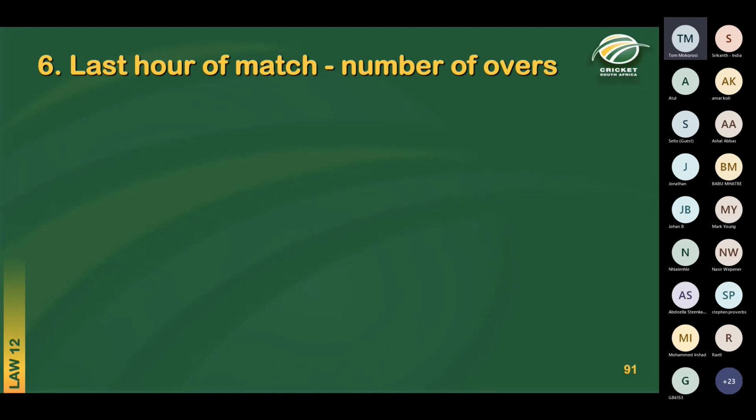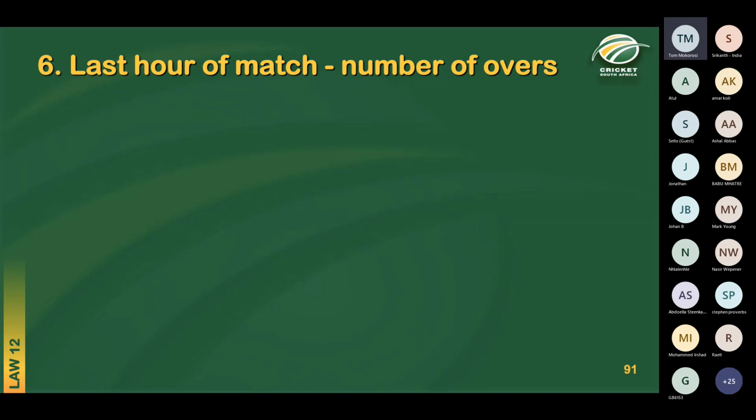So in Test match cricket, the last hour of the match, which is only on the fifth day, this is not talking about the last hour of each day's play, only the last hour of the last scheduled day of play, 15 overs need to be bowled in that hour.